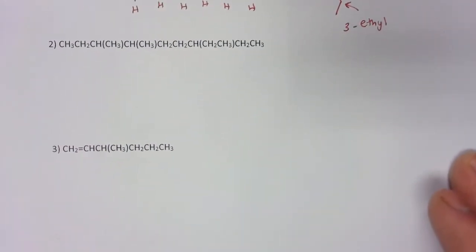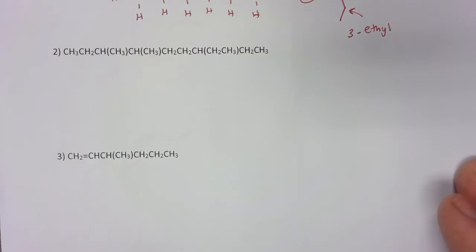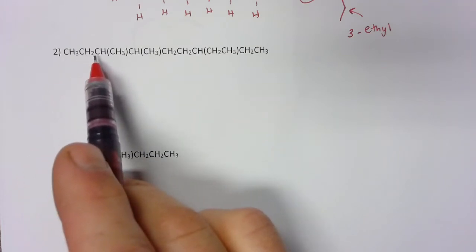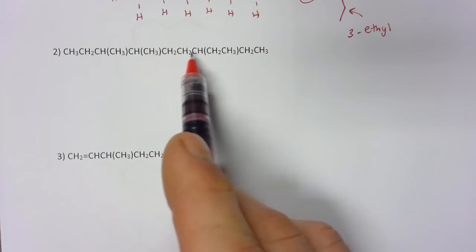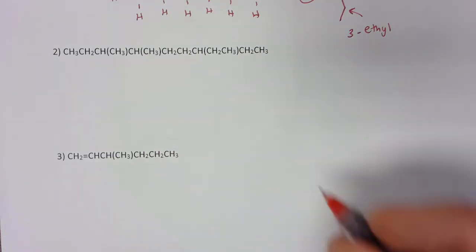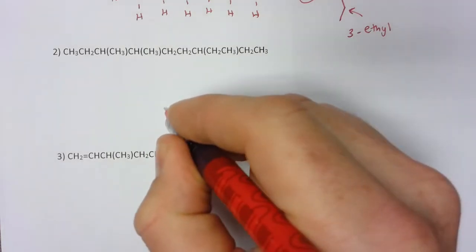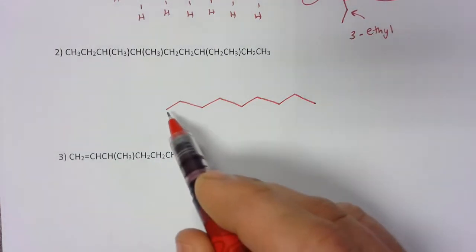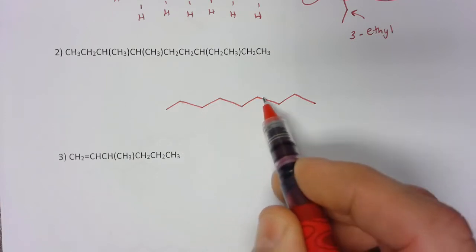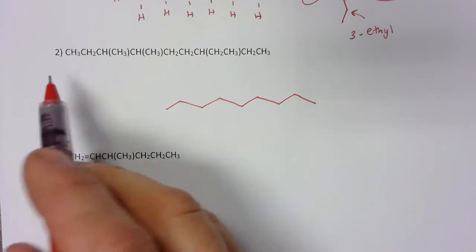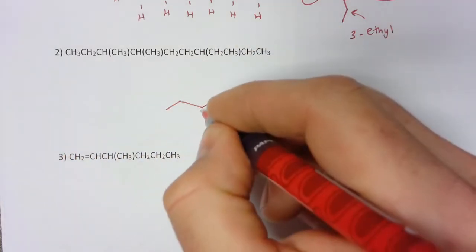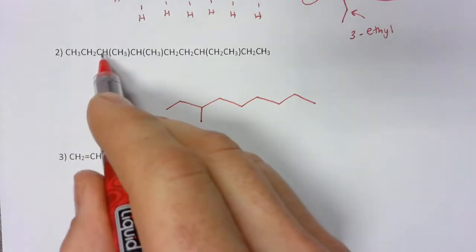Alright, so number 2, again, I'm just going to draw the skeletal structure for this one. Here I see that there's 1, 2, 3, 4, 5, 6, 7, 8, 9 carbons in my parent chain. And then if I'm just going left to right, 1, 2, 3, the third carbon over has a methyl group.